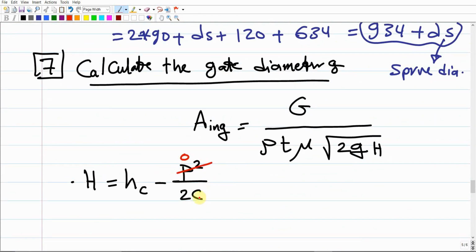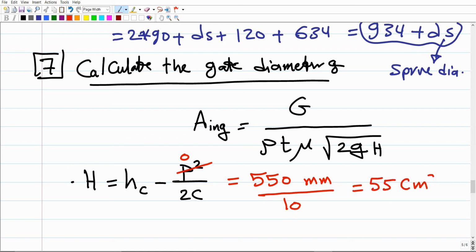We don't have a value for C, but this term anyway will be eliminated. So we're gonna end up with 550 millimeter. Then your objective is just to divide by 10 to convert from millimeter to centimeter. So it's gonna be 55 centimeter. Make sense? The objective is just to have consistent units. So to achieve this, first of all, you should have the h.